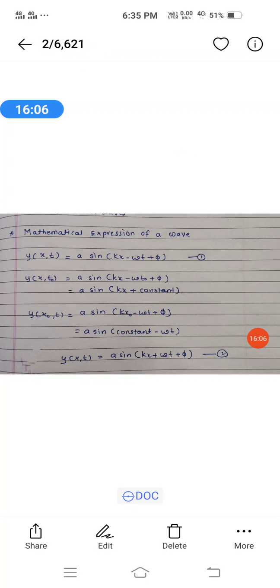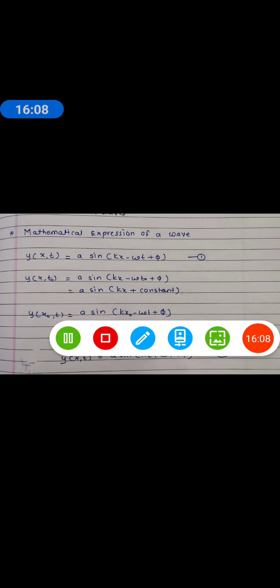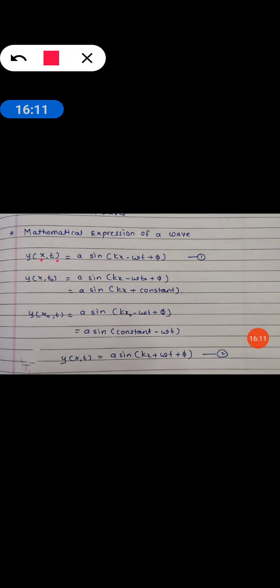These two functions describe the shape of the wave at any instant of time. Hence, these are the required functions.